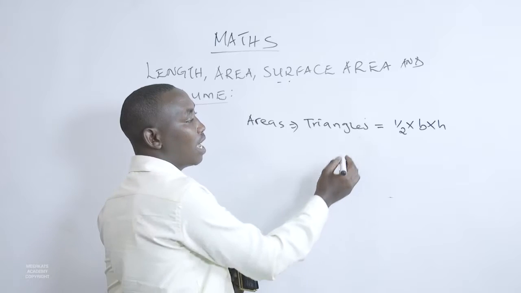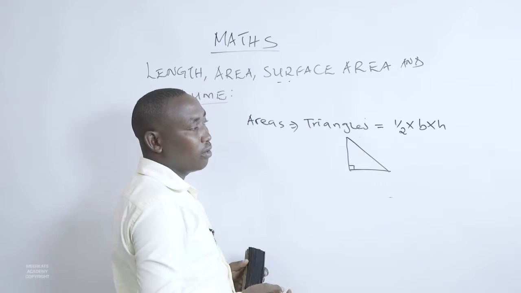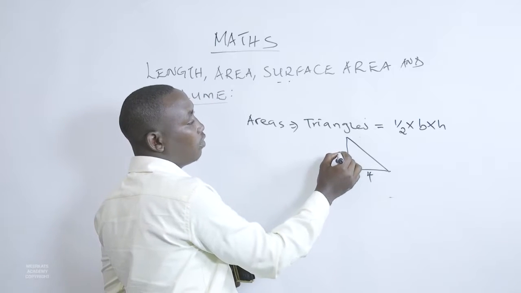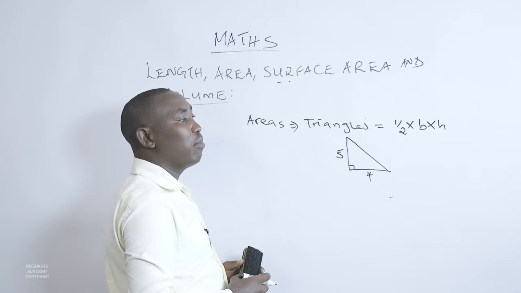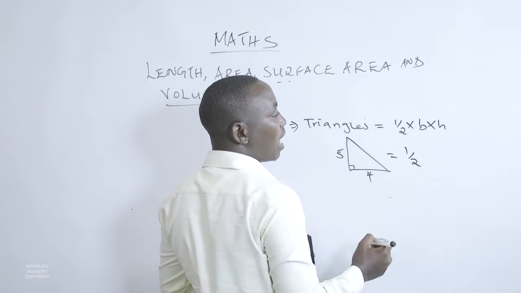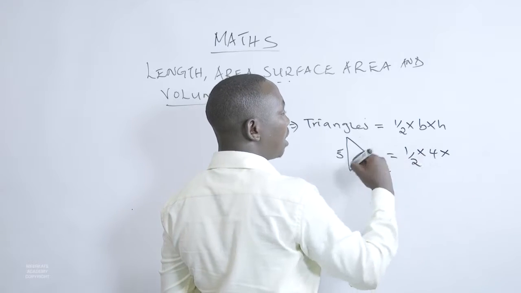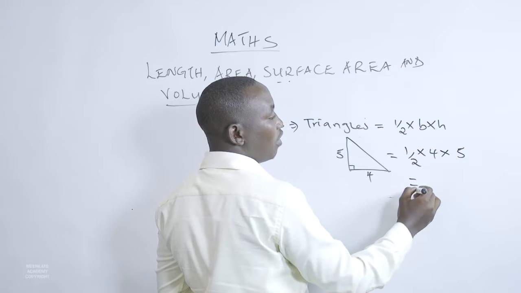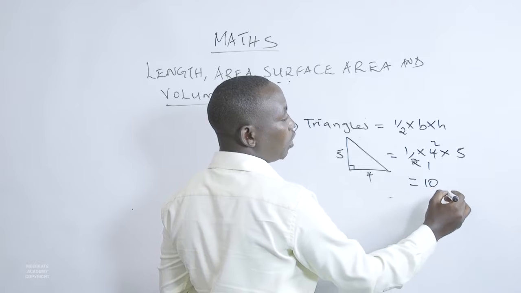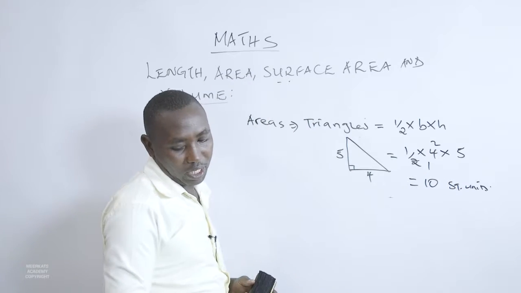So given that we have a right angle triangle with a base of 4 units and a height of 5 units, we can calculate its area by using the formula a half multiplied by the base, which is 4, multiplied by the height, which is 5. So this will give us 2 multiplied by 5, which will be 10 square units.